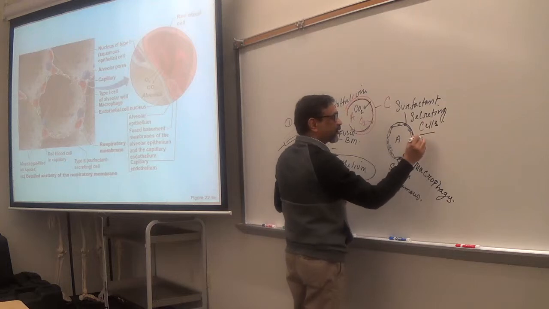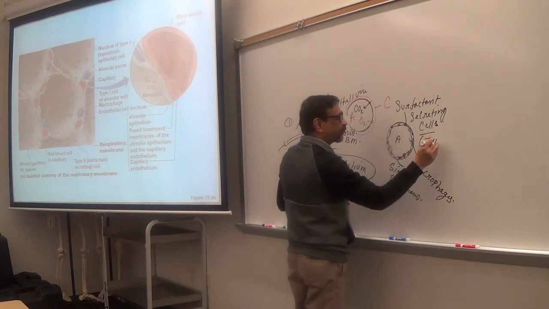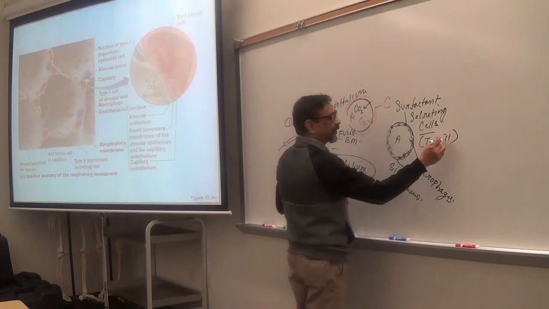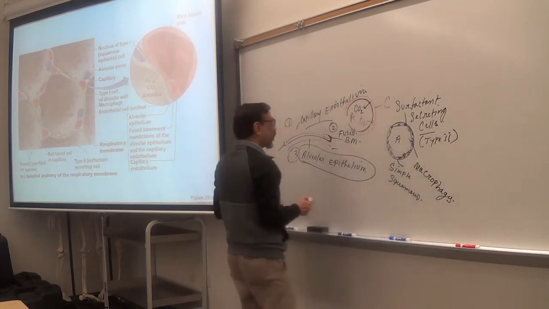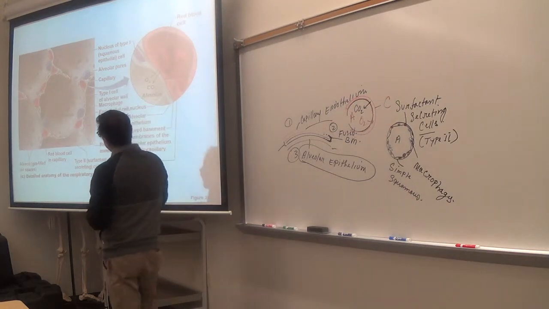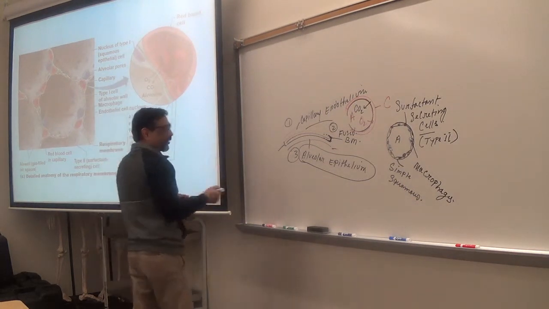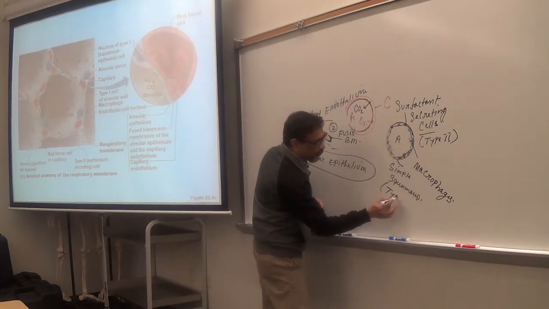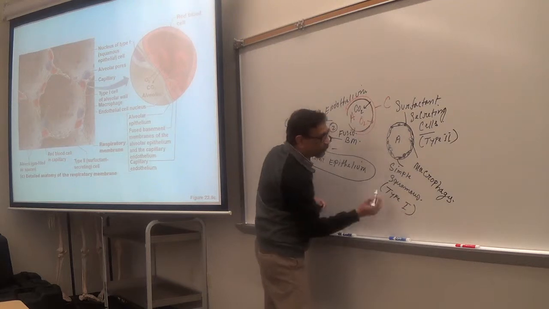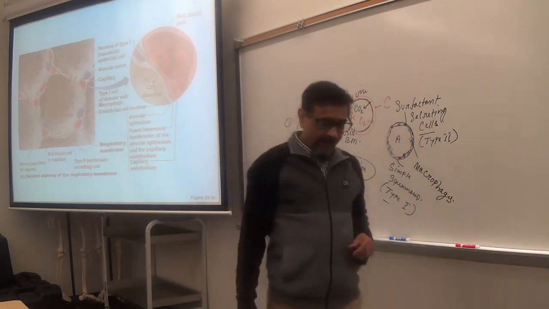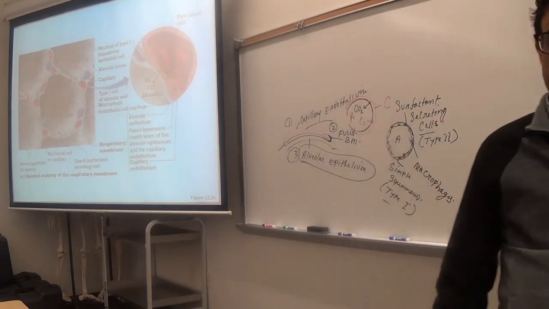Okay, these are also called type 2 cells. Type 2 surfactant secreting cells. Okay, remember that. Simple squamous are the main ones and called type 1. Okay. So those are three types of cells present in the wall of the alveolus.